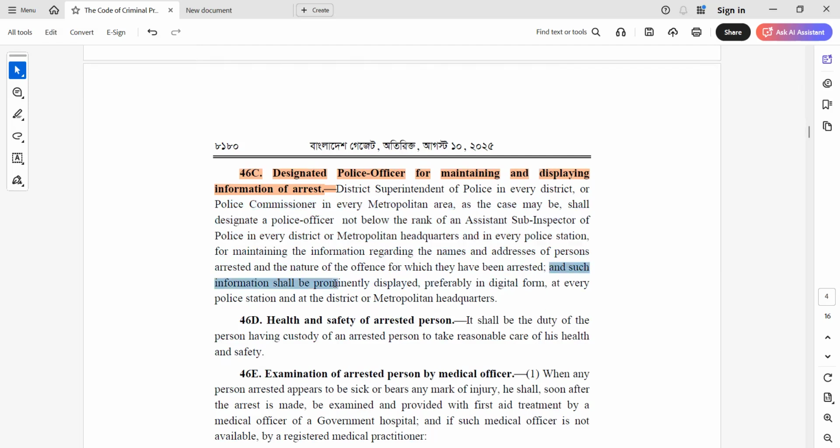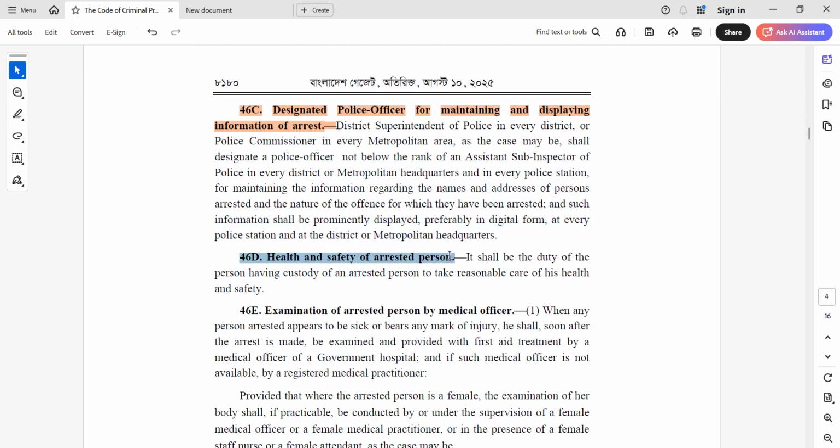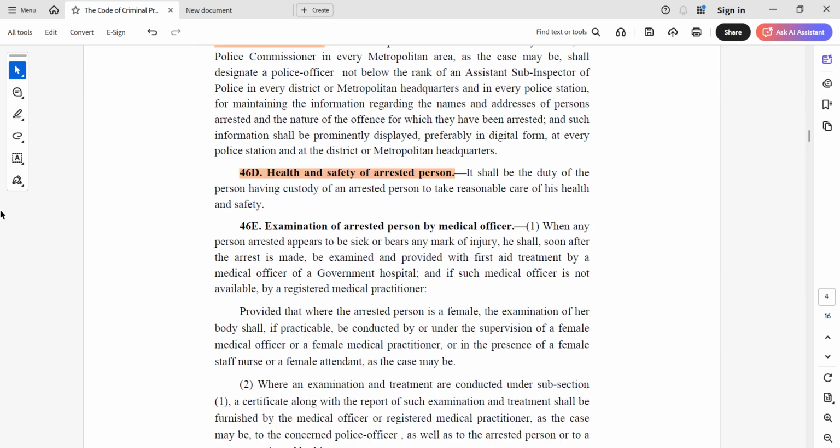And such information shall be prominently displayed, preferably in digital form, at every police station and at the district or metropolitan headquarters.